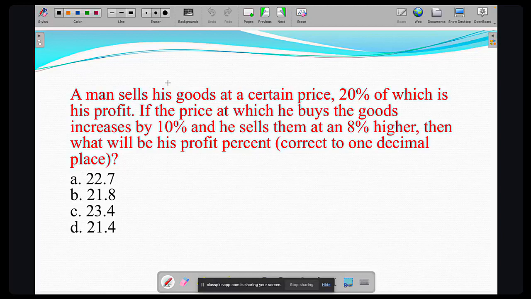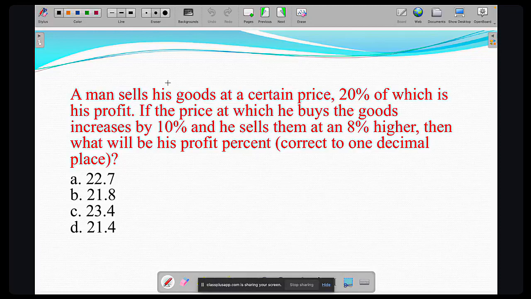Think. I will give you 2 minutes time. A man sells his goods.